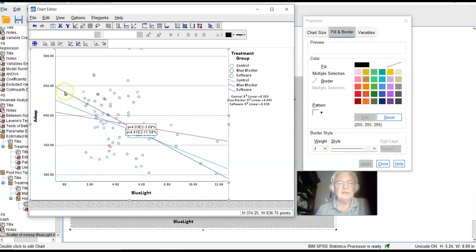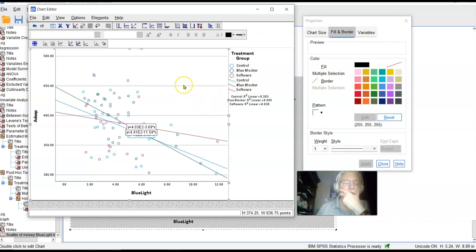The green is the blue blocker, and the blue line, I'm colorblind here. This line, whatever color that is, matches with the blue blocker, and the control is here.